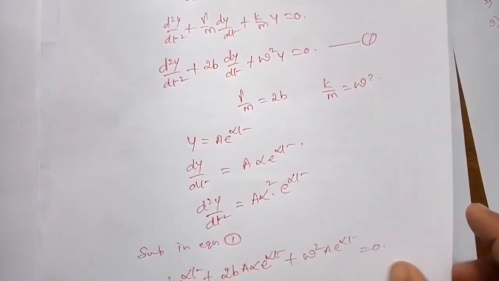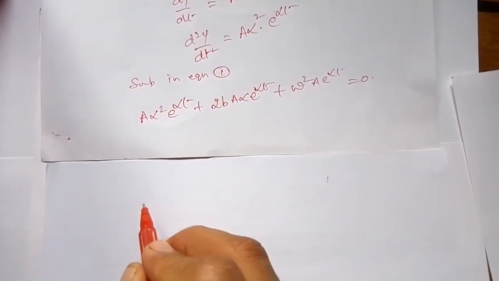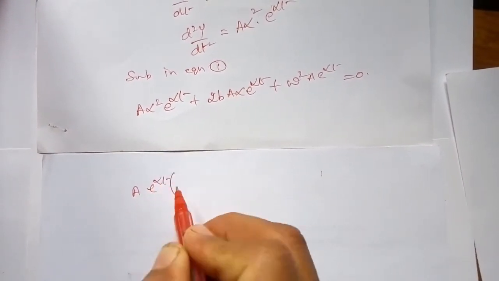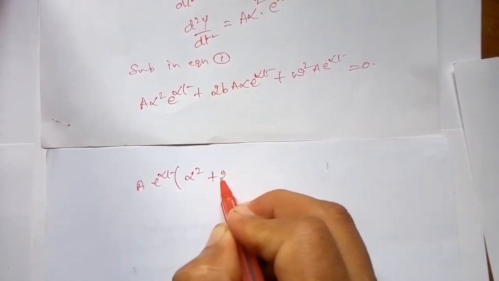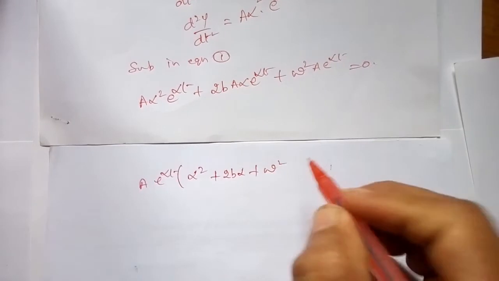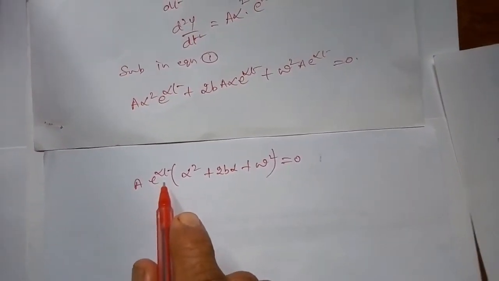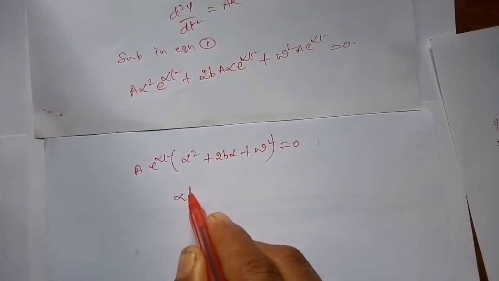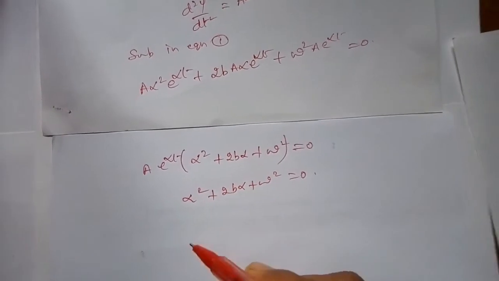So A e^(αt) is a common term, therefore you can take it outside: A e^(αt) (α² + 2bα + ω²) = 0. Since A e^(αt) is not zero, α² + 2bα + ω² = 0.